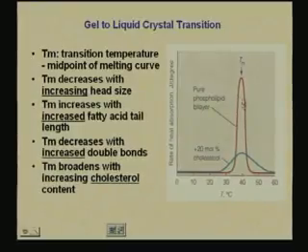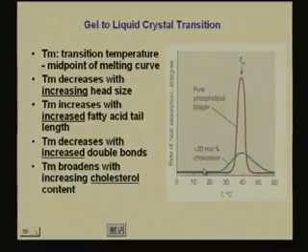So, the disruption in the order is going to give us a melting temperature, that is the midpoint of the melting curve, that is denoted as Tm. Now, what are the features that can change the Tm?